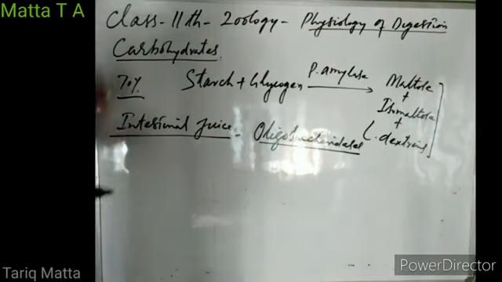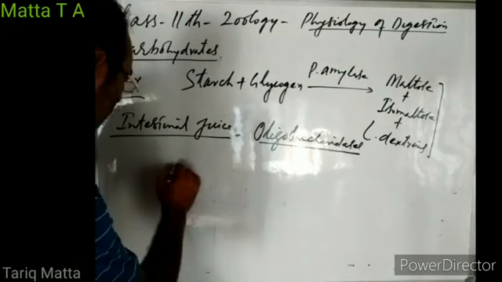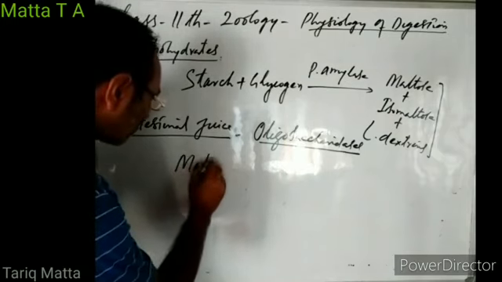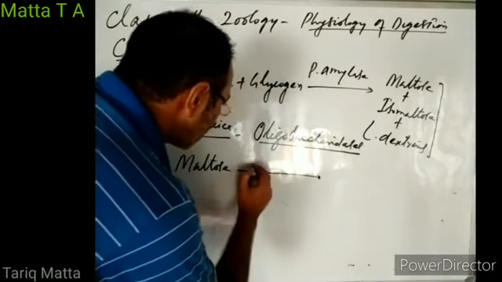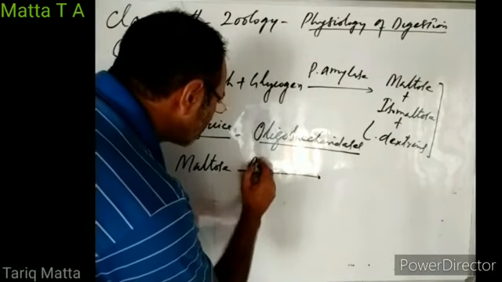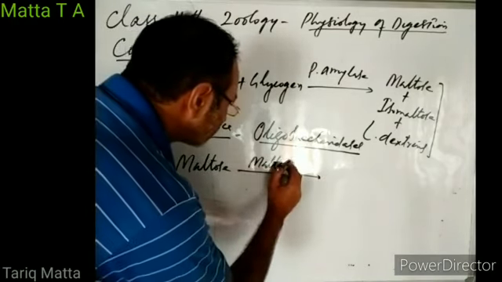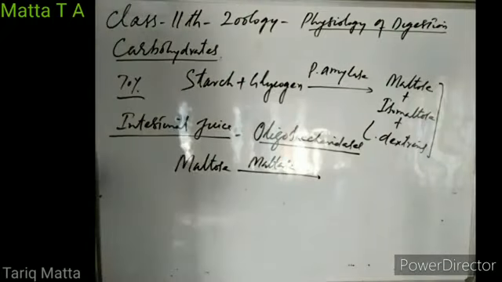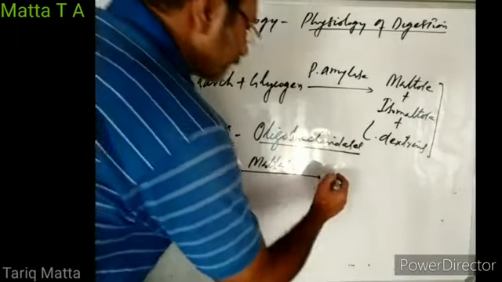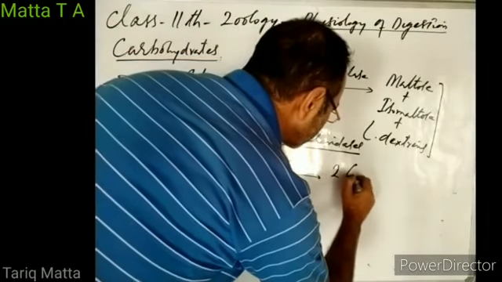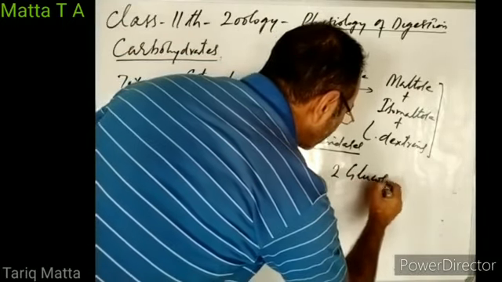So in intestinal juice, first of all, maltose is acted upon by maltase. So maltase of intestinal juice converts maltose into 2 glucose.